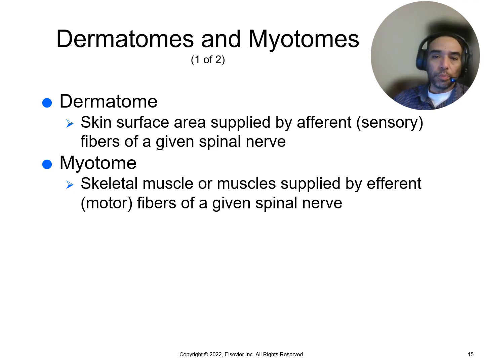Remember, there's 31 pairs of spinal nerves, and each pair innervates a specific region of the skin. We can map these out. I'll show you some images later of the maps of what we call dermatomes. Dermatomes are mapped throughout the body, and it helps clinicians determine which spinal nerve or which segment of the spinal cord is affected based on the location of sensory changes.